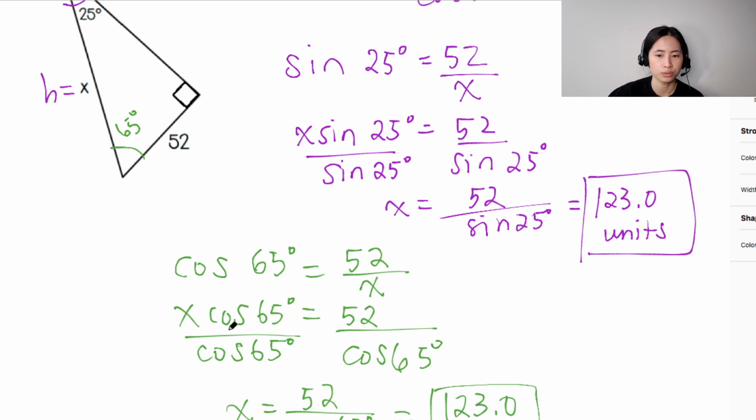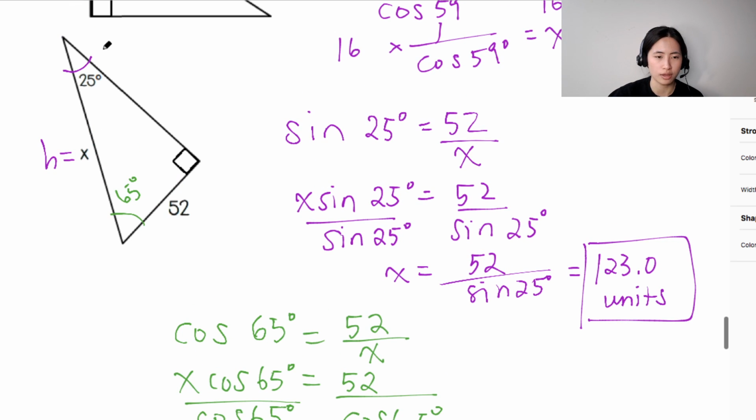Also, if we're looking at 25 degrees, you need to assign the correct trig ratio. It must be sine because that's the only available side you can use. And for 65 degrees, it has to be cosine and not other trig ratios because the only available side is the adjacent side, 52, and your hypotenuse is the one that's missing.